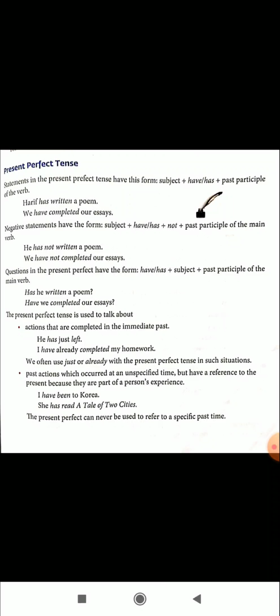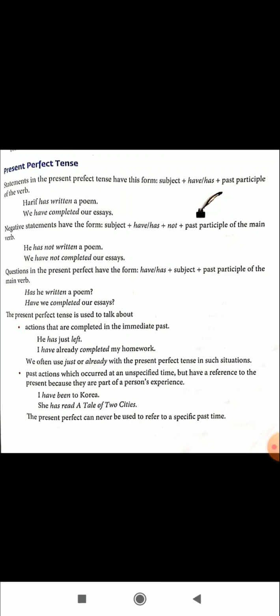Look at: has he written a poem? Has is put first, then the subject he, then written, the past participle form of the verb write. Have we completed our essays? Have is put in the beginning, then the subject we, completed is the past participle form of the verb complete.